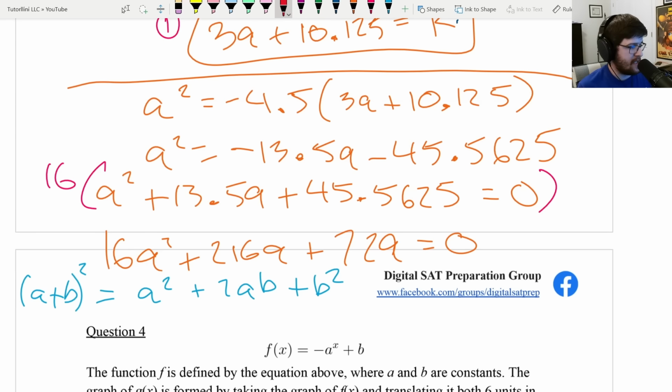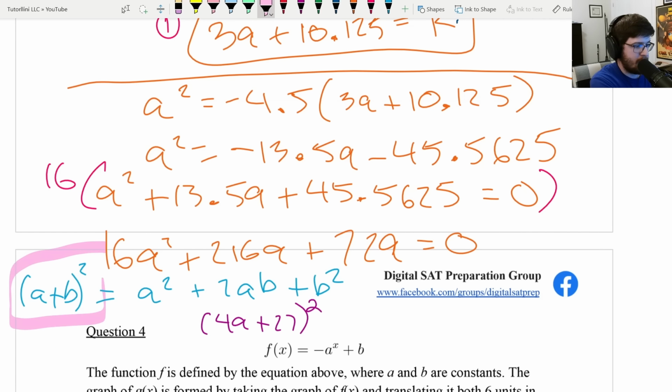So you see 16a squared, the square root of that is 4a, and then 729, what's the square root of that? 27. So it's going to be 4a plus 27 squared, equals 0. See how I'm plugging it in over here? Again, go watch the Ottocento video on factoring if you're not sure what I'm doing.